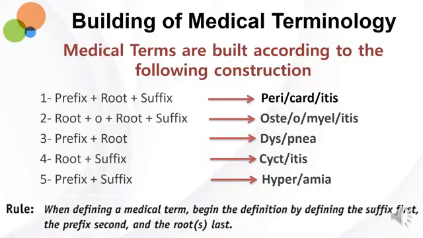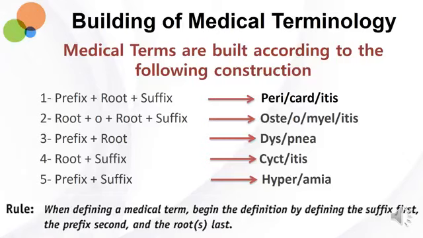In the constructions having suffix, prefix, and root, I have to start with the suffix, followed by the prefix, and finally the root. For example, in the first construction, pericarditis, inflammation of the surrounding of the heart. For the second construction, which is formed of root and suffix, I also have to start with the suffix.